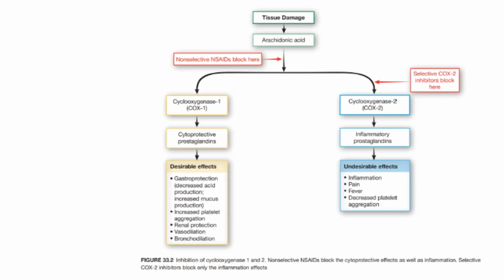If we block the arachidonic acid before it becomes cyclooxygenase 1 or 2, we can prevent the inflammation, and the inflammatory symptoms will subside. So we can treat that by inhibiting the arachidonic acid becoming a COX-1 or COX-2 or both.